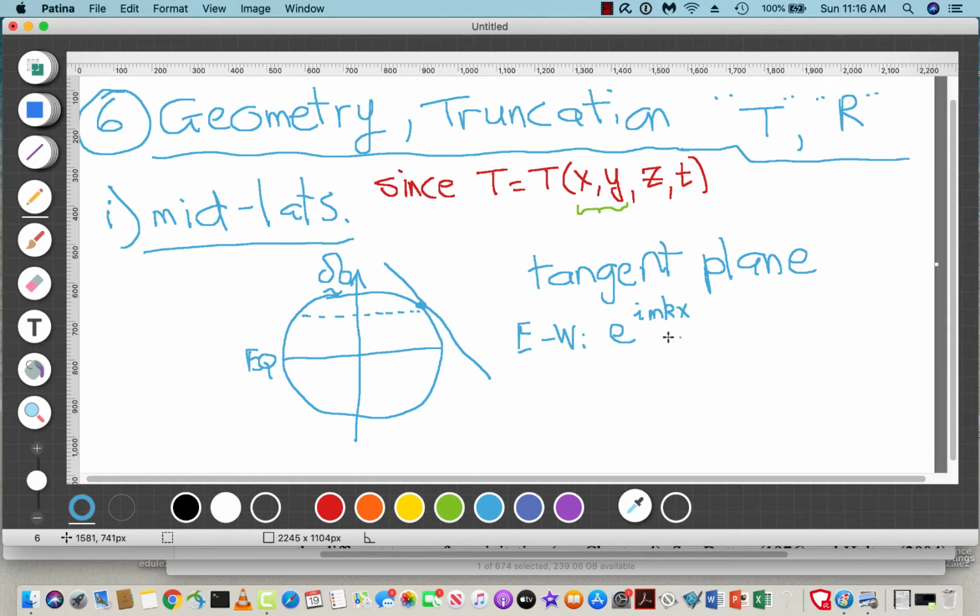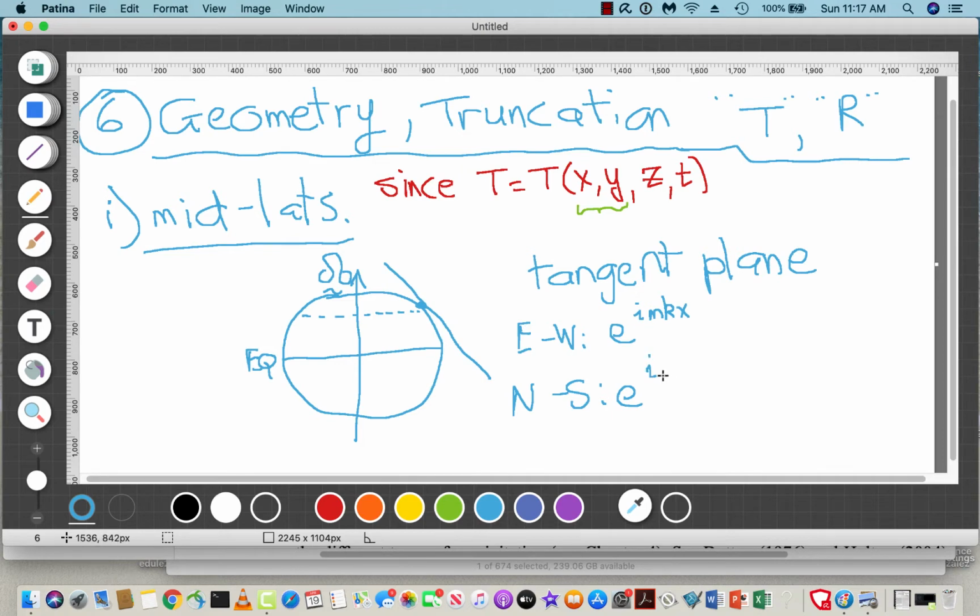Mathematically, this is the appropriate function to use to describe the temperature structure, the wind structure, everything else. And then in the north-south direction, which we haven't talked about yet, we can also use that same kind of mathematical creature.